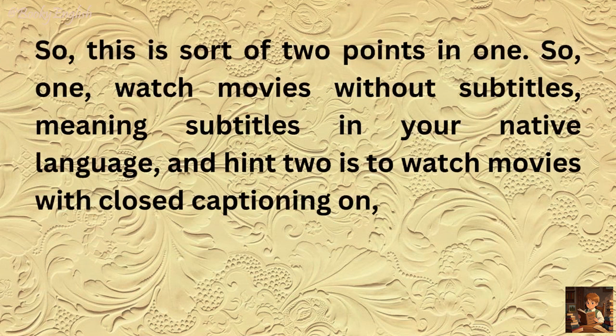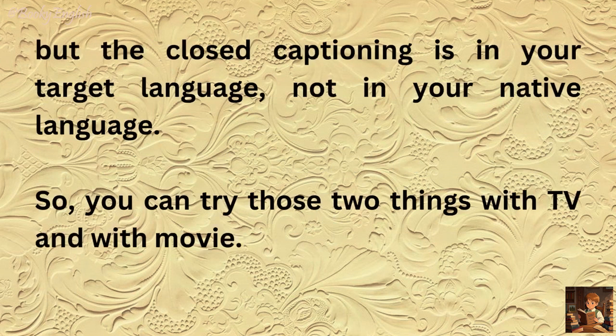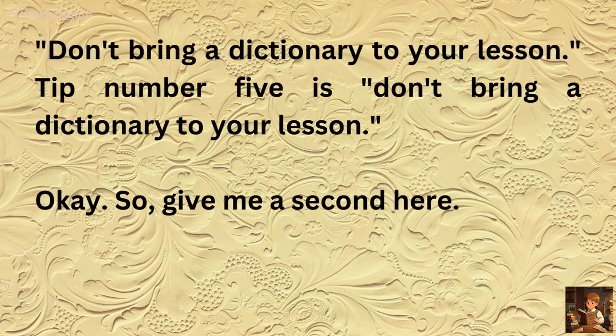So, this is sort of 2 points in one. 1, watch movies without subtitles, meaning subtitles in your native language. And hint 2 is to watch movies with closed captioning on, but the closed captioning is in your target language, not in your native language. So, you can try those 2 things with TV and with movies.